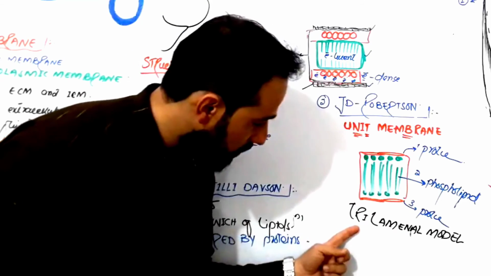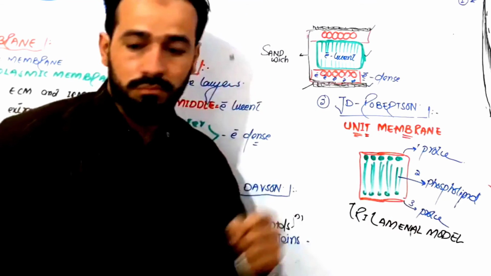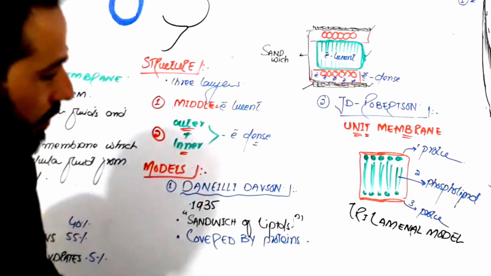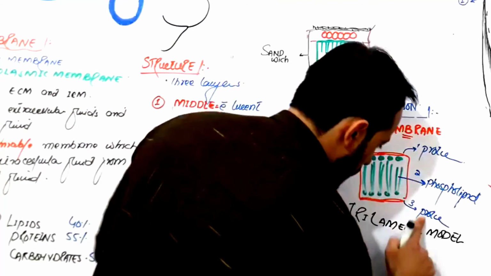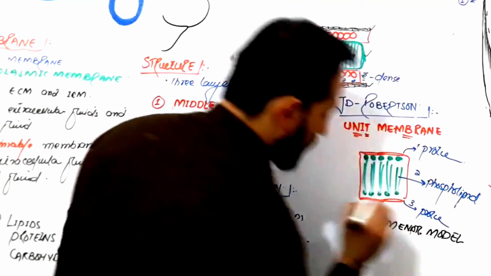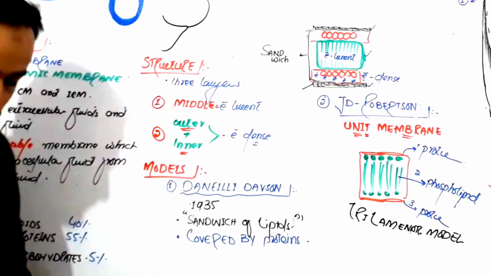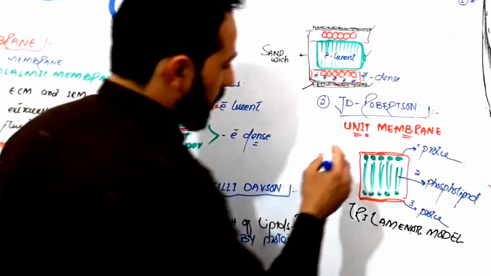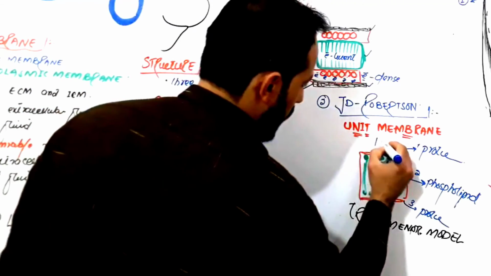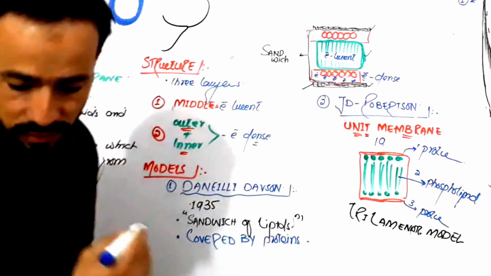That's why this is called the trilaminar model. Okay, I will write here trilaminar model. Then the third and very important model. J.D. Robertson's model was presented in 1957.